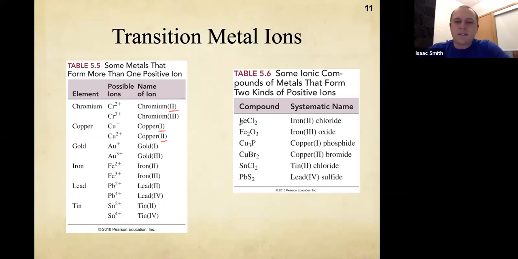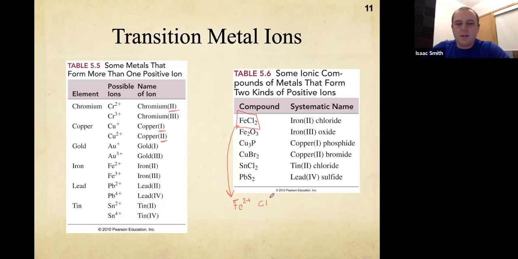So if I was given this compound, iron chloride, right? Iron can have two different charges. It can be a +2 or a +3. So if you're given a compound, you can actually come up with the name, because we know that chloride is a -1 charge. And since there are two chlorides here, that means this iron is going to be an iron with a 2+ charge, okay?